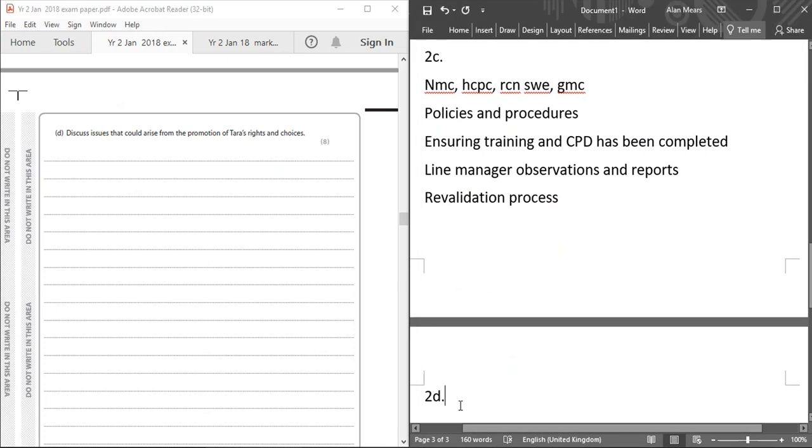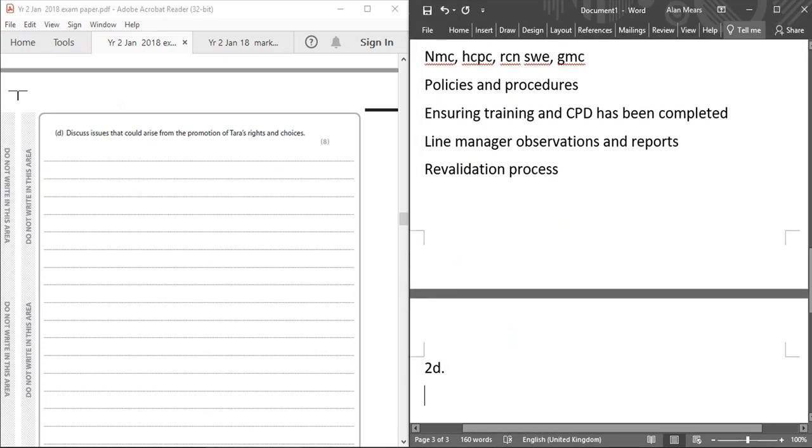So again, what we want to try and do in this 8 mark, and again, it's a slightly different one to other questions, but we want to identify choices and explain the risks, the issues that could come from it.